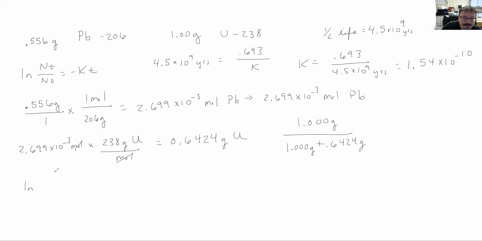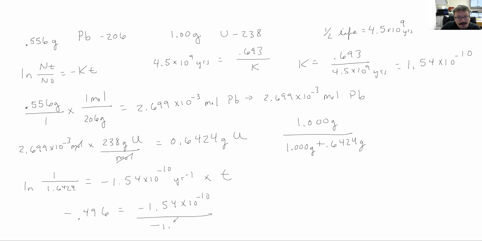So we have the ln of 1 over 1.6424 equals negative 1.54 times 10 to the negative 10 reciprocal years times t. What we want to find is how much time has passed, so we divide both sides by that.